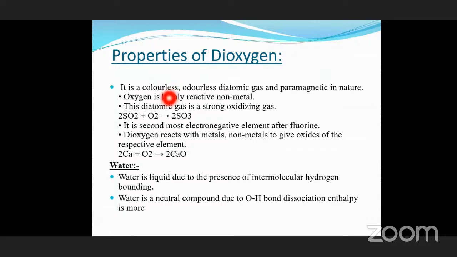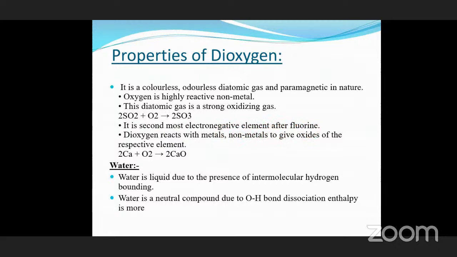For example, SO2 reacts with dioxygen to form SO3. That means due to this equation, we conclude that oxygen is acting as a strong oxidizing agent. Then it is the second most electronegative element after fluorine.